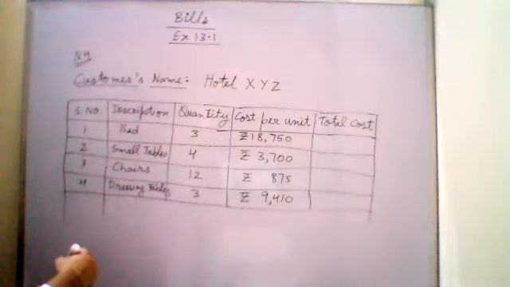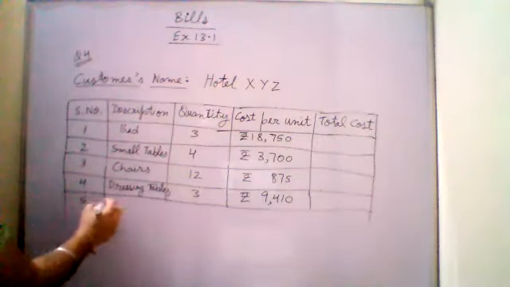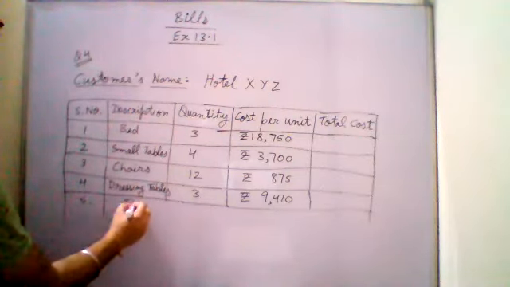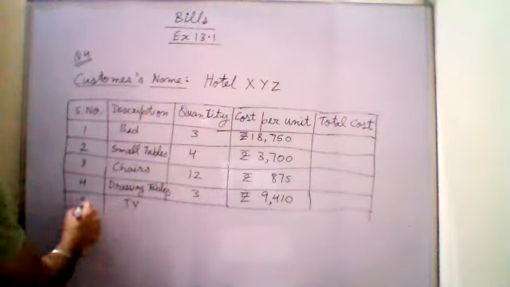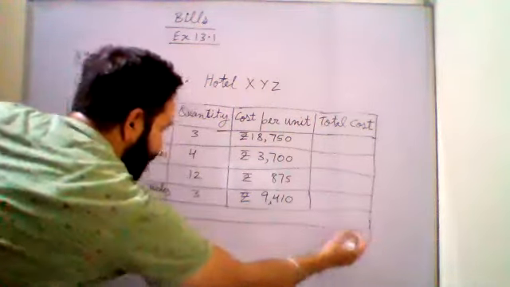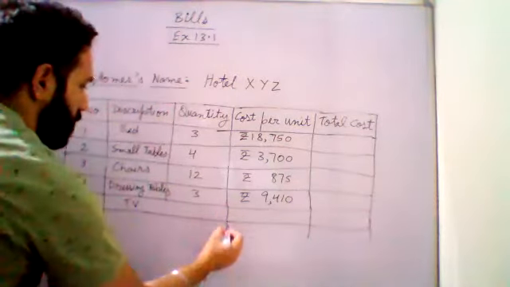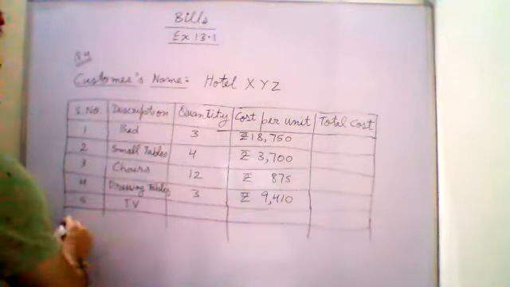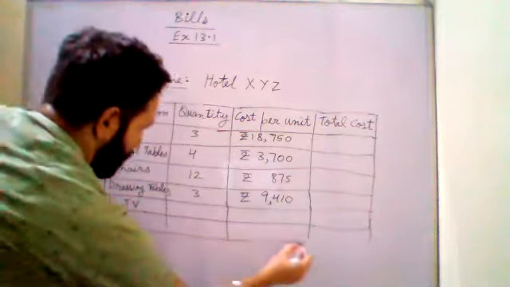And anything else? Television. He bought 4 TV sets. So fifth one, TV. Simply you can write TV, or you can write the full form also.